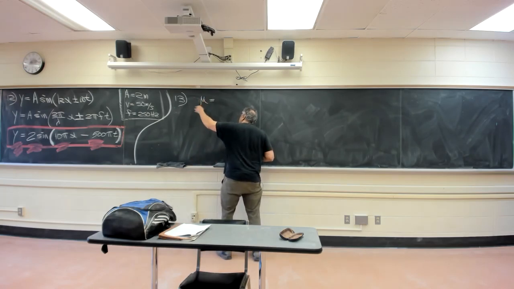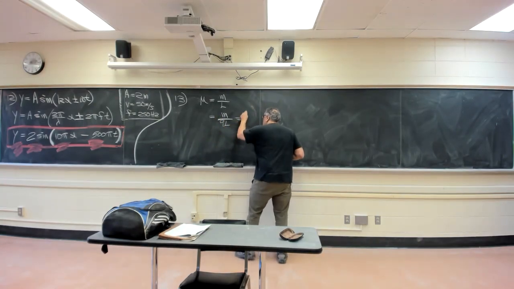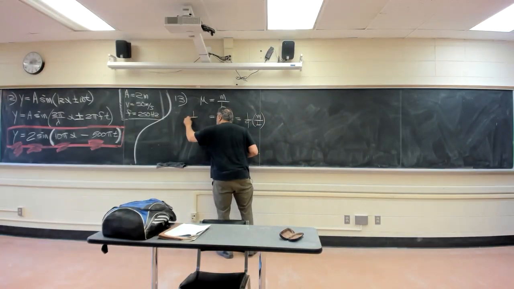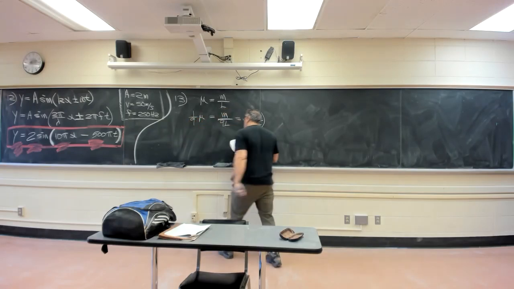Well, the original mass density was a mass m associated with a length L. In the second scenario, it's the same amount of mass of rope, but the rope is less dense because you need 9 times the length of rope to have the same mass. It becomes this, which is the same as 1/9 times m over L, which is 1/9 mu.